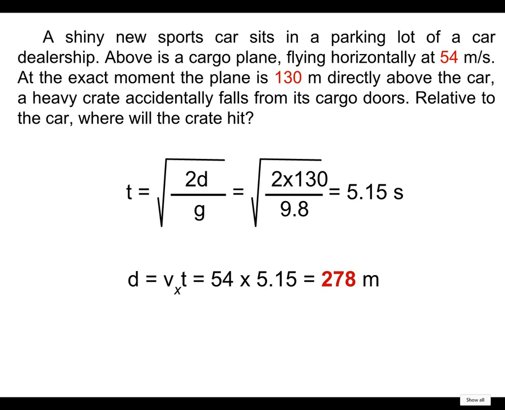The horizontal velocity 54 meters per second times the time traveled as it was falling down, and we can see that our crate landed 278 meters away from the shiny new sport car, and this shiny new sport car probably is slightly dusted, but it's definitely not destroyed.